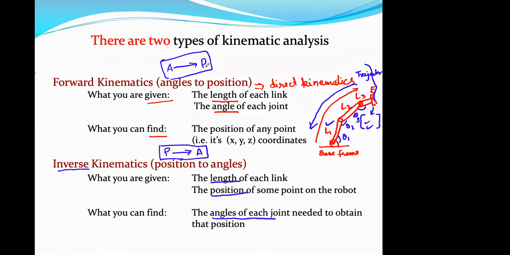So from angle to position is the forward kinematics, and from position to angle is the inverse. So this is the unknown quantity we have to find out, and this is the unknown quantity which we have to find out. That aspect we have to take care of.